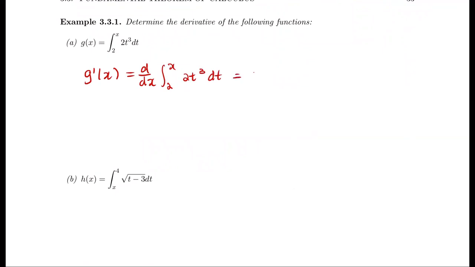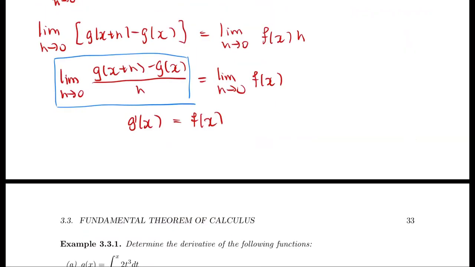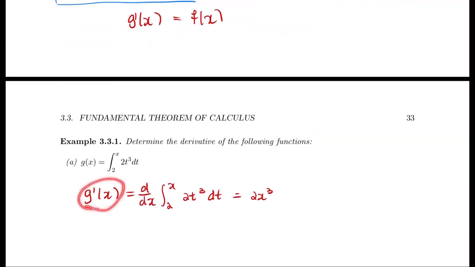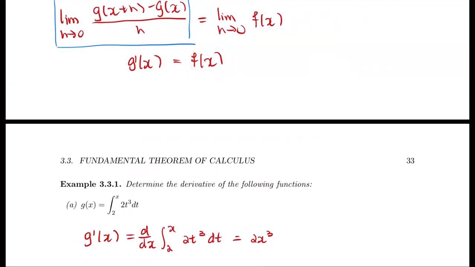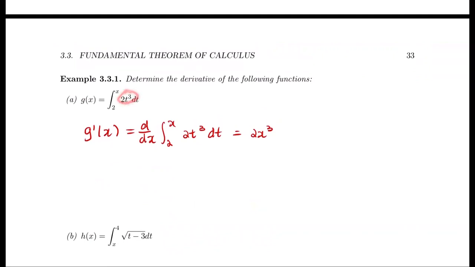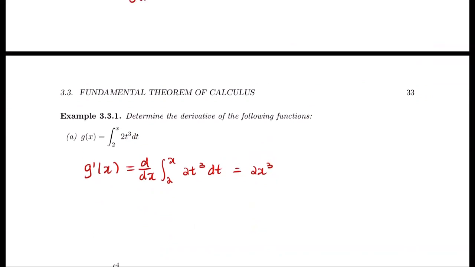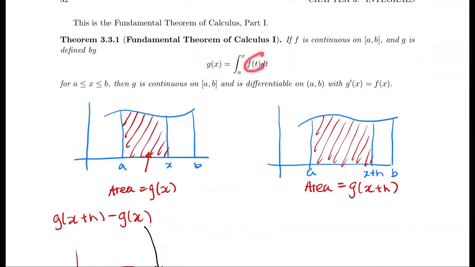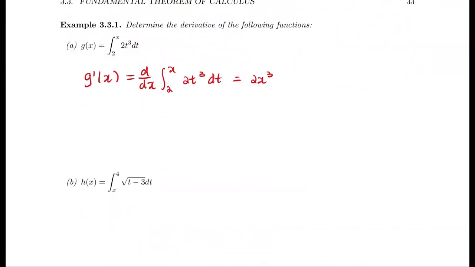But this would simply be 2x cubed, because we said that the derivative of G, so this derivative, would be the same as the original function f of x. So our function here would then be 2x cubed. Because G of x, we defined it as a function of f of t. So we have an f of t here. We would just replace it with the x, and that would give you the result.